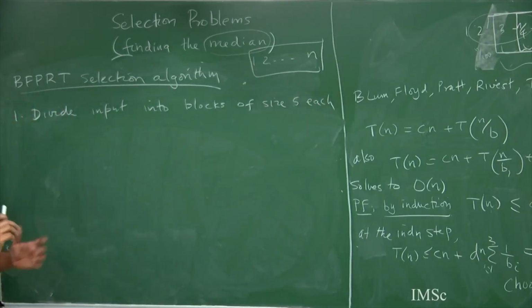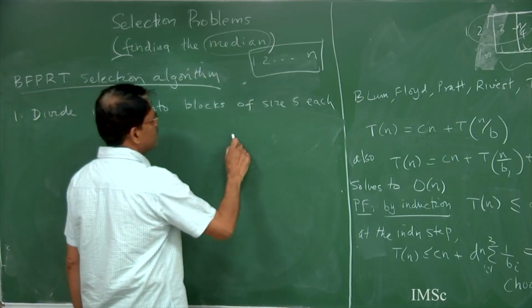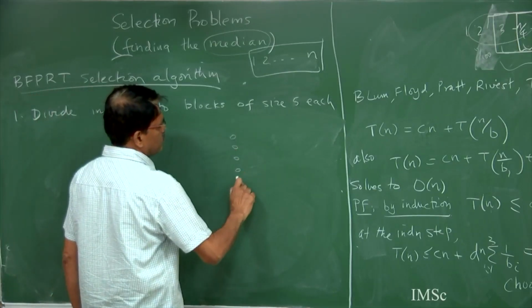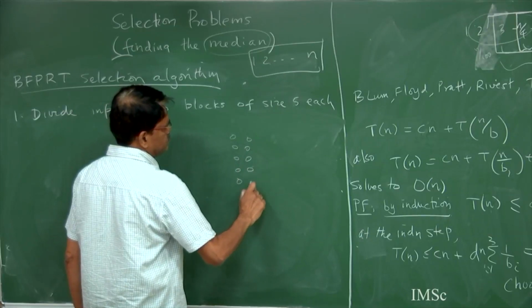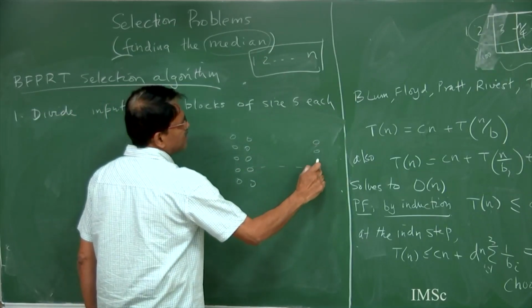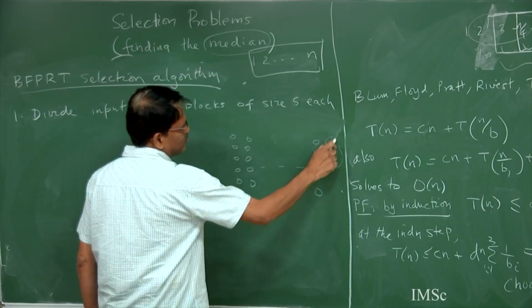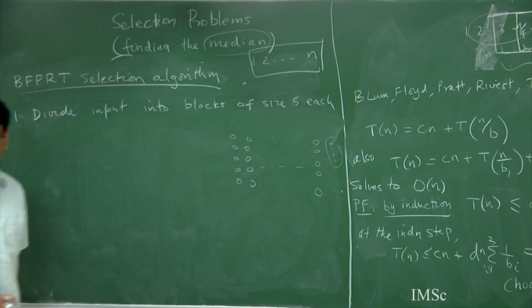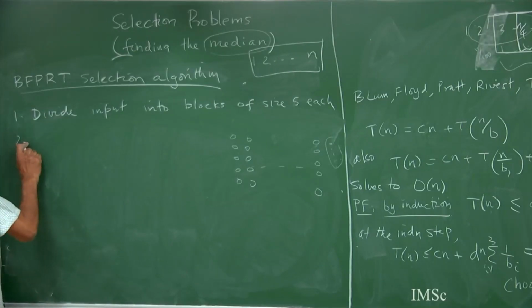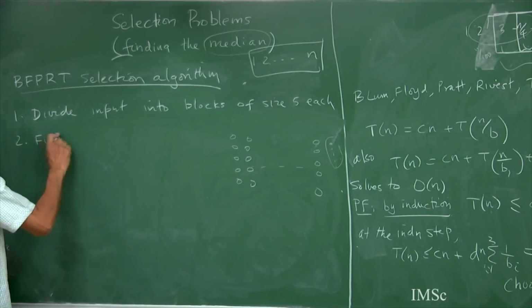Okay, so you take your input n, and I'm going to divide it into blocks of size 5 arbitrarily in your order. There may be some few more elements left. We'll worry about it. Assume n is a multiple of 5 for now.